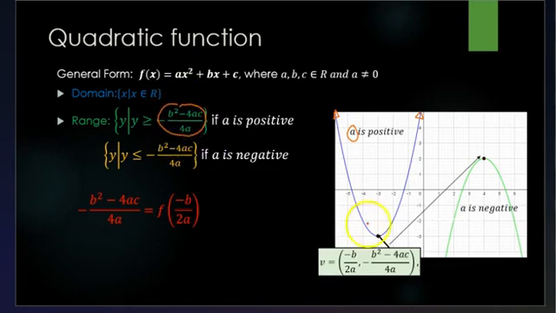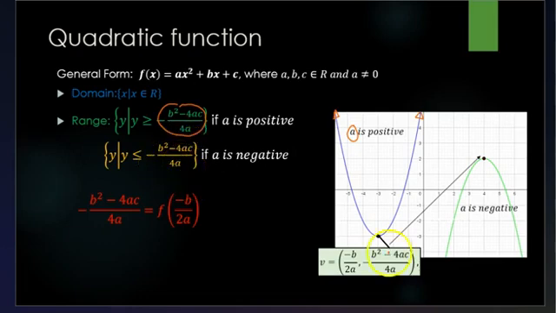This would be the y value of your vertex, the y coordinate of your vertex. And if a is negative, your parabola will be opening downwards. Hence, we have this maximum value. Hence, the range is y less than or equal to -b squared minus 4ac over 4a.